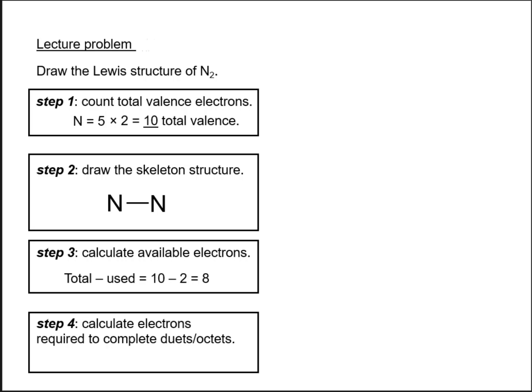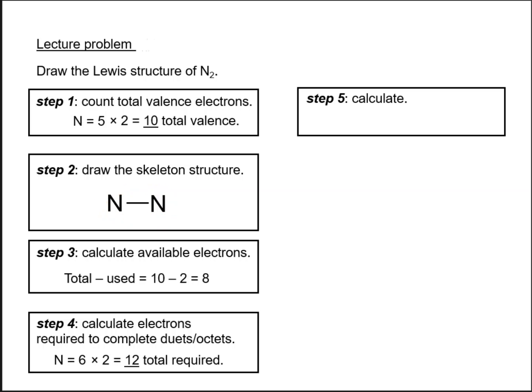Looking at the skeleton in step 2, each nitrogen still needs 6 more electrons. So in total, we need 12 electrons in order to complete the octet of each nitrogen in our skeleton. Now in step 5, we're going to calculate available minus required, and if you do 8 minus 12, you're going to end up with a negative 4.